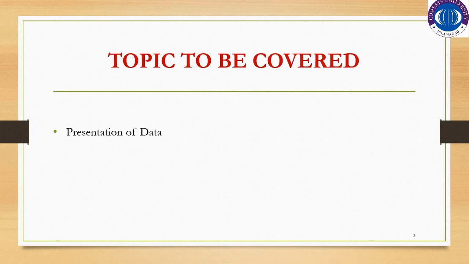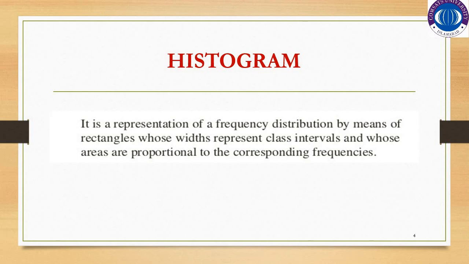So we will continue with the topic presentation of data, and in this part we will discuss how we can represent our data with the help of diagrams or graphs. So the very first one is the histogram. What is a histogram?